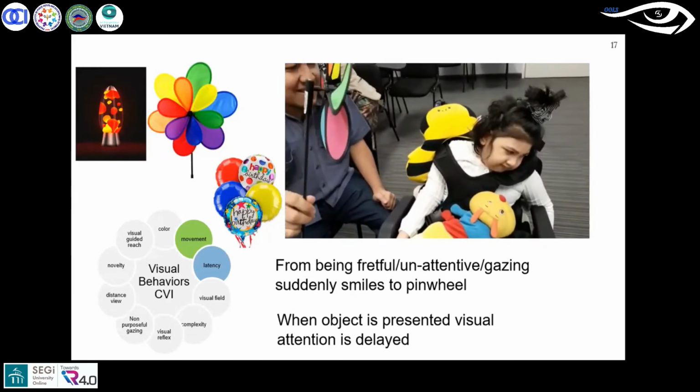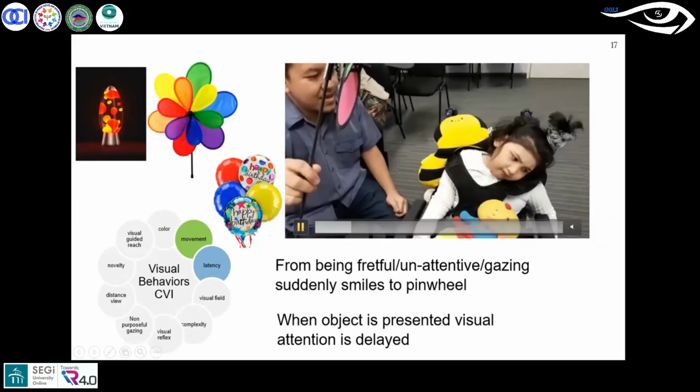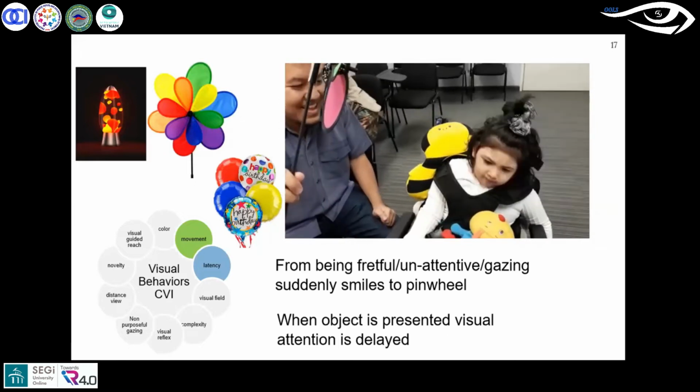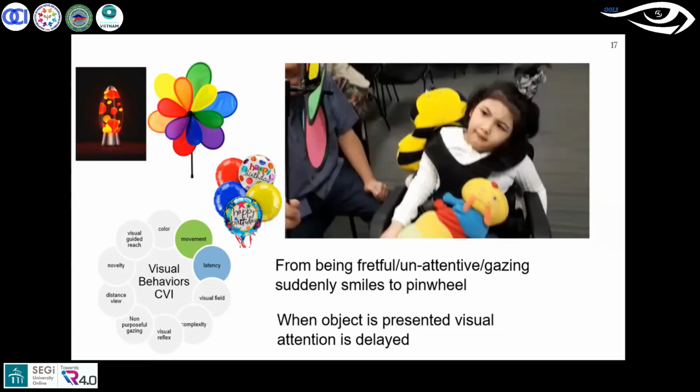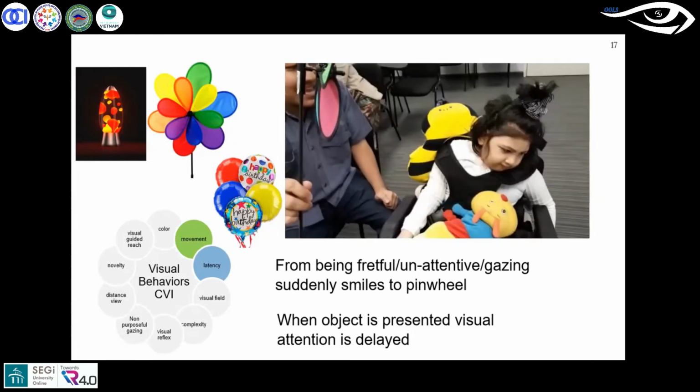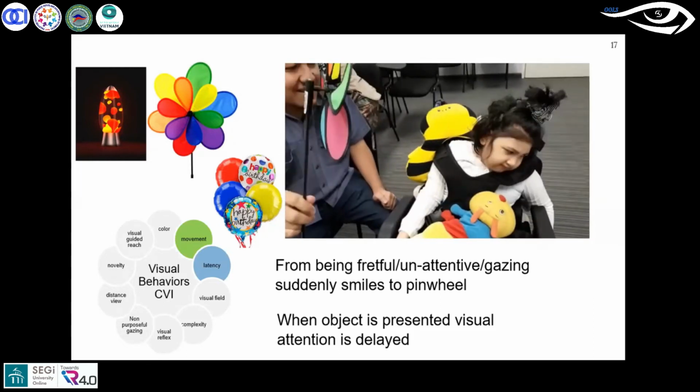Even if the pinwheel is not moving in a circle, when the father is moving the location of the pinwheel itself, she started to look back, and had lost attention for a bit. So that's one example of how movement is evidence that the child with CVI is experiencing.